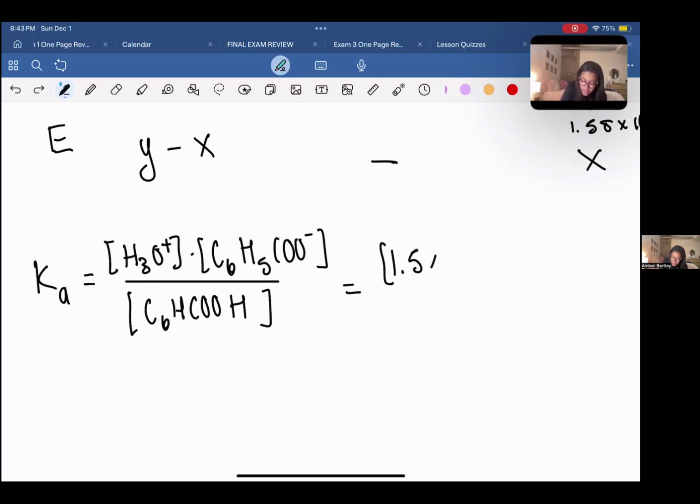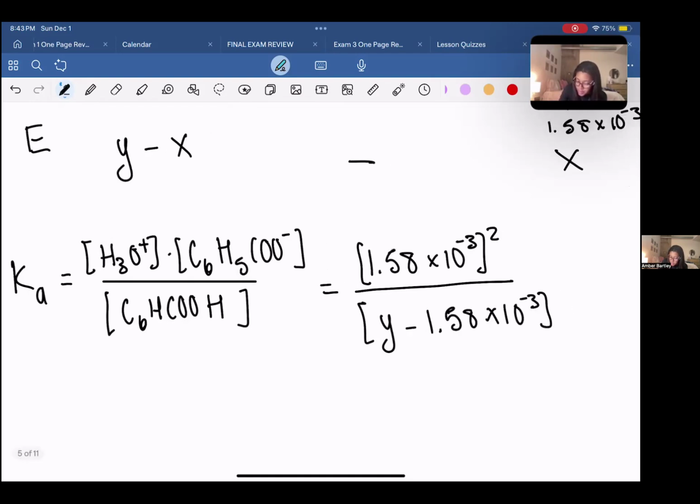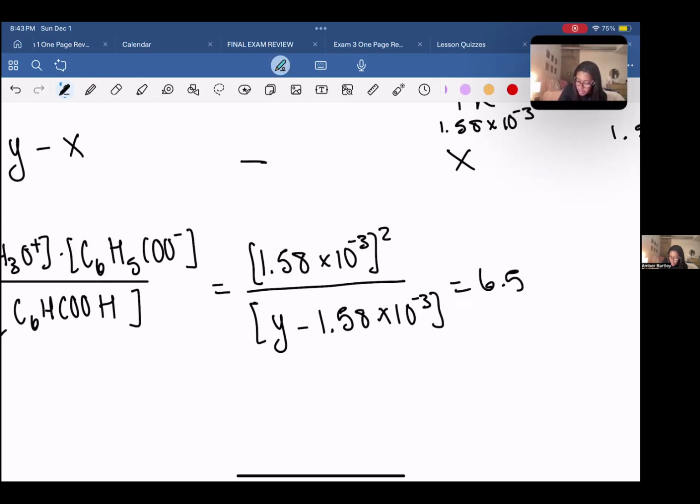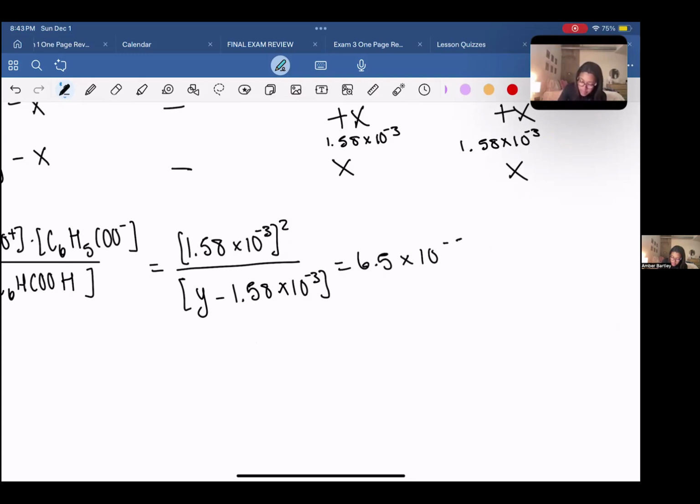And because the conjugate base and the H plus concentration are both equal to X, we can just square that value. And we're going to set that all equal to our Ka value, which is 6.5 times 10 to the negative 5.